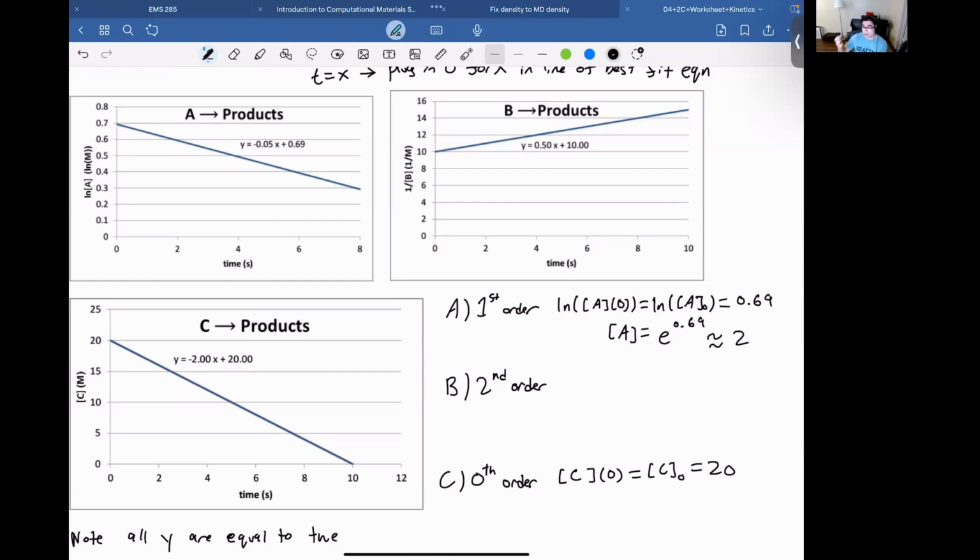Moving on to the second order, please make sure your y's are plugged in appropriately, right? Y in this case is equal to 1 over B. So 1 over the concentration of B, or the initial amount of B, is equal to 10, which means that the concentration of B is 1 over 10, or 0.1.